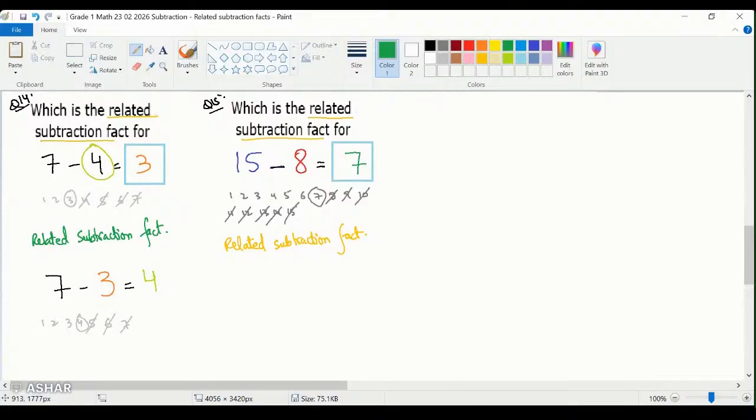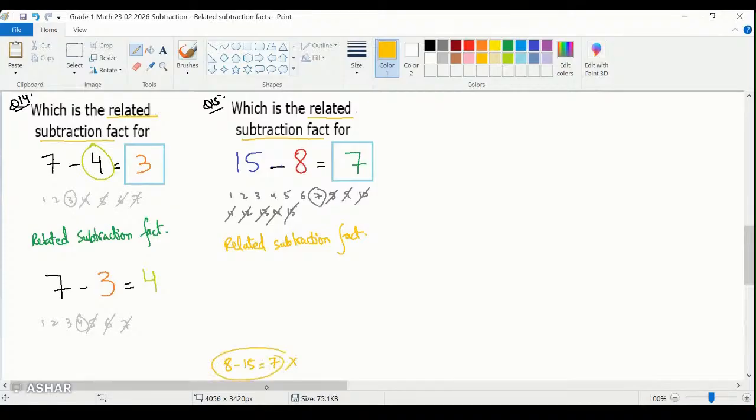Your answer is correct, but your subtraction related fact is incorrect. I'm just giving you your example. 8 minus 15 is equal to 7, right?